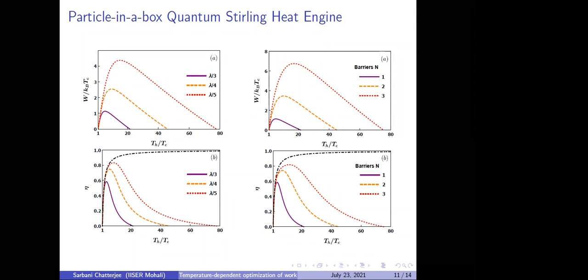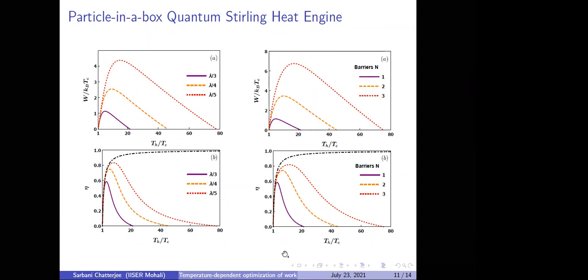Yeah, I do. So here, from the insertion of several barriers into the particle in a box, we saw that both work and efficiency increase with the increase in the number of barriers. As we increase the number of barriers, the degeneracy will also increase. And we see that there is a greater amount of work output, and also a higher efficiency.